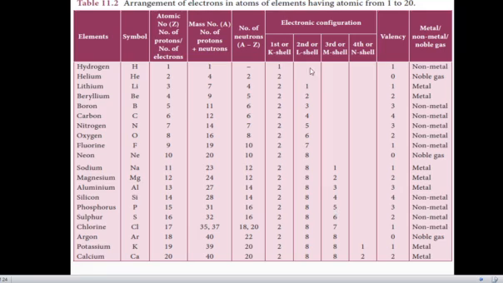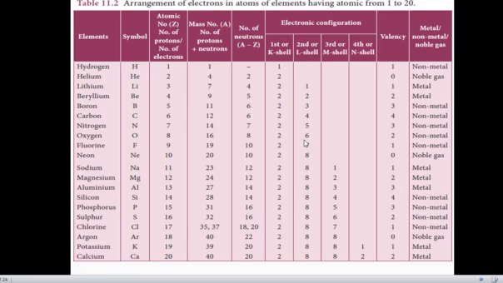For example, here we can see lithium 1, the valency is also 1. Beryllium 2, the valency is also 2. Boron outermost cell 3, the valency also 3. Carbon 4, the valency also 4. So what about nitrogen? If it is 5, as I already told, 8 minus 5, the valency is 3. So the valency of nitrogen is 3.